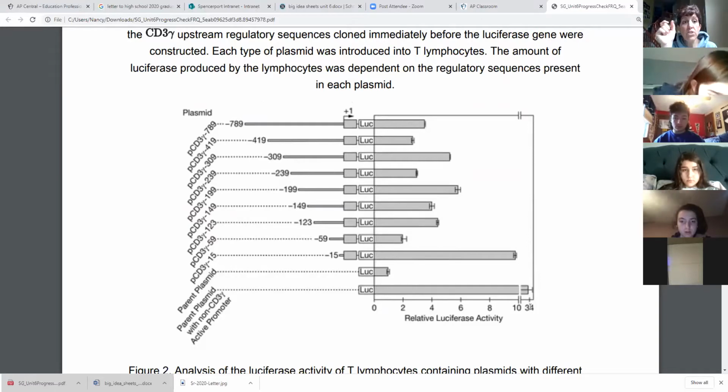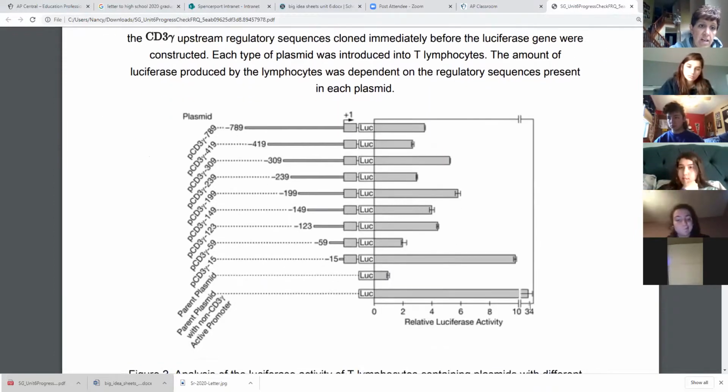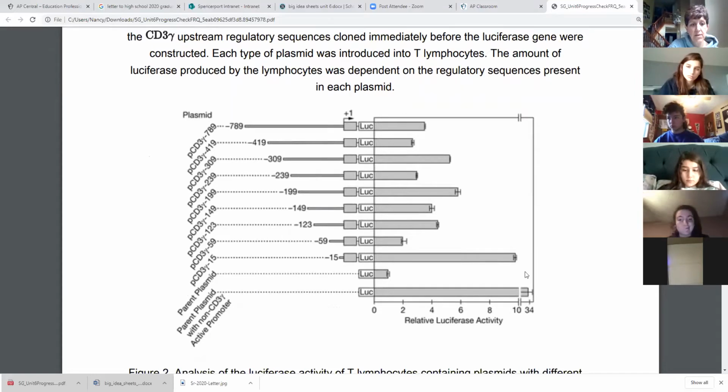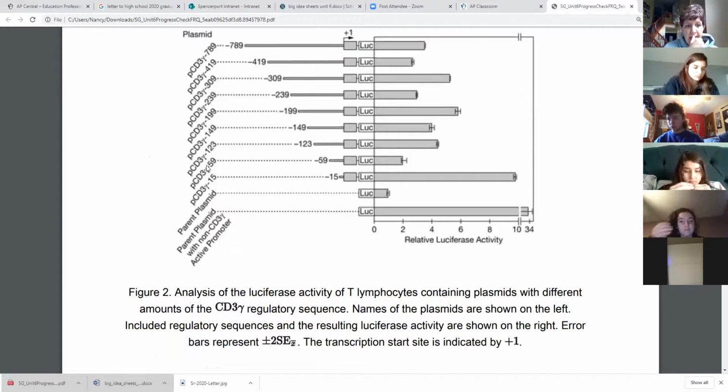Yeah, the amount of regulatory sequences in the plasmid. Over here, sorry, I touch on it, but you can't see what I'm touching. Oh, you can if I use this. This is what they're changing. They are changing the amount of regulatory sequences. That's the independent variable.